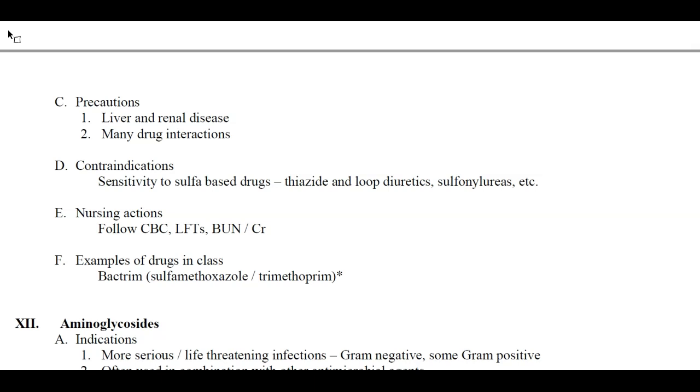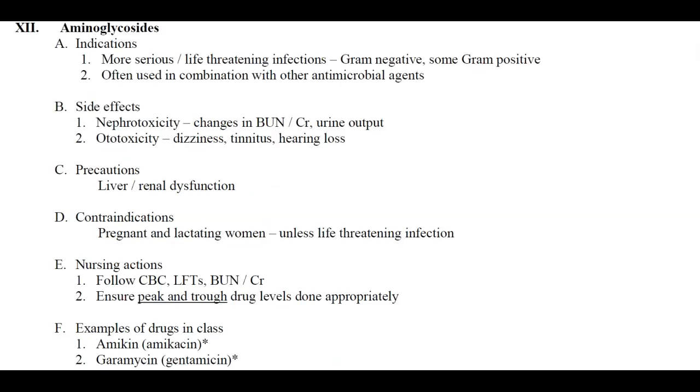Nursing actions follow: monitor and analyze your CBC, LFTs, BUN, and creatinine. CBC is your complete blood count; LFTs, your liver function tests; BUN and creatinine make up your renal function test. For examples of drugs in this class, the one that we have to know is the commonly prescribed Bactrim. So Bactrim is sulfamethoxazole-trimethoprim.